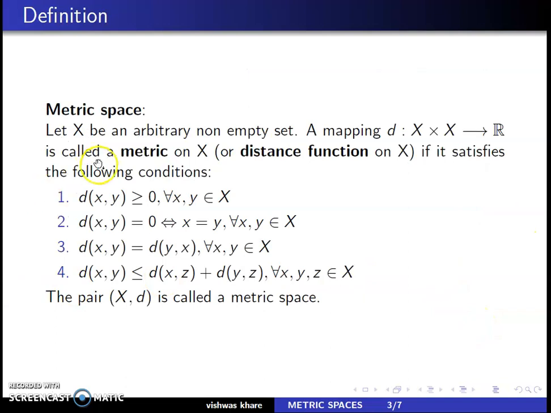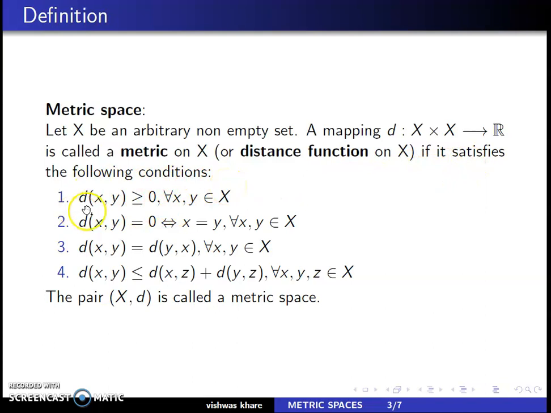The definition says, let X be an arbitrary non-empty set. It means it contains some element. A mapping d from X cross X to R is called a metric on X, or it is called a distance function on X, if it satisfies the following conditions.